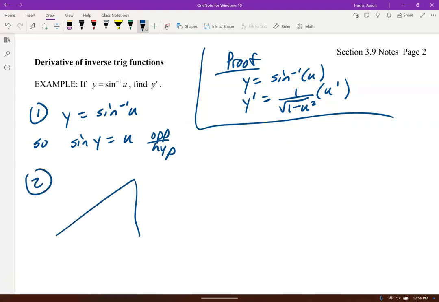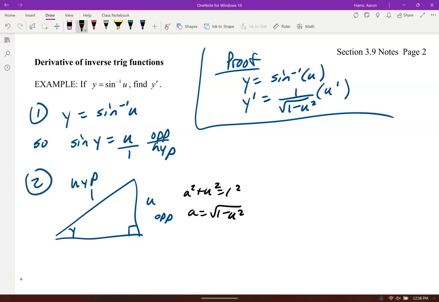My angle in this case is y, so the sine of y is u, opposite side, over the hypotenuse 1. So if we solve for the third side, a squared plus u squared equals 1 squared. So a would be the square root of 1 minus u squared.